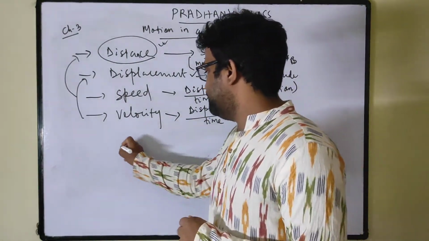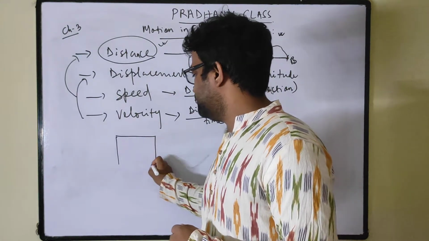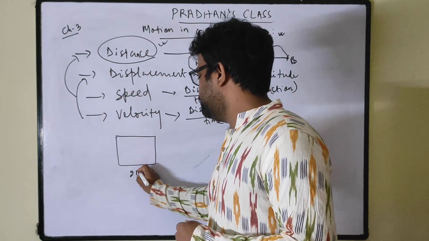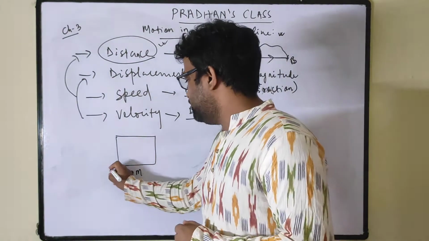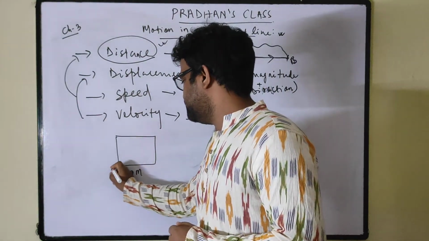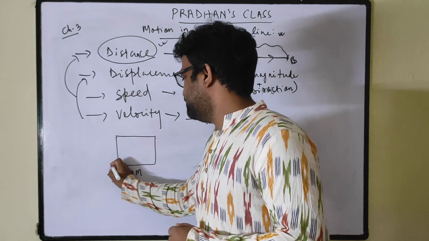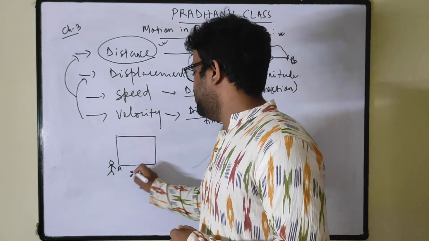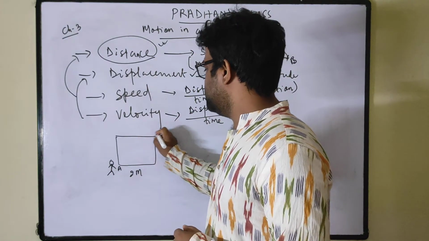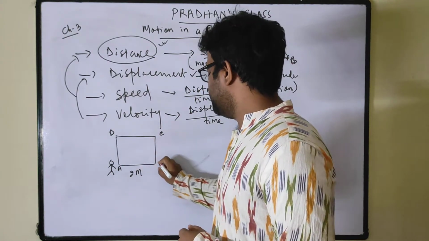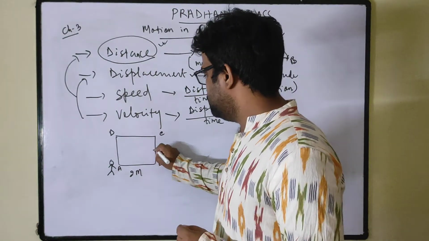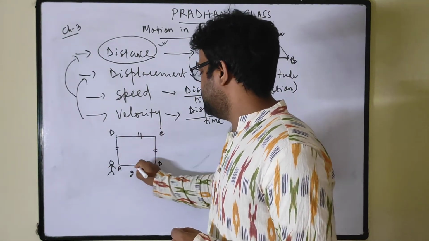Now for example, this is a square of side 2 meter, and suppose one person starts from position A and reaches position C. This is the square ABCD. Square means each side is equal, so all the sides are equal, right?